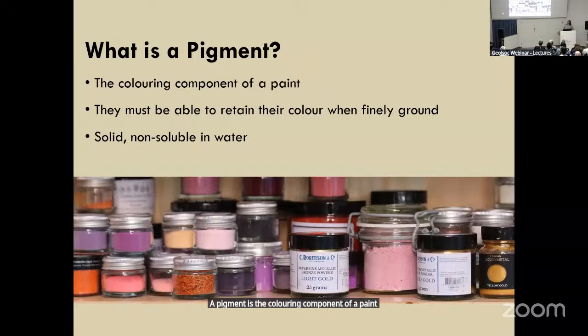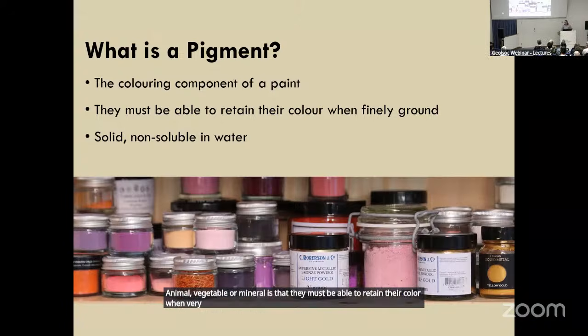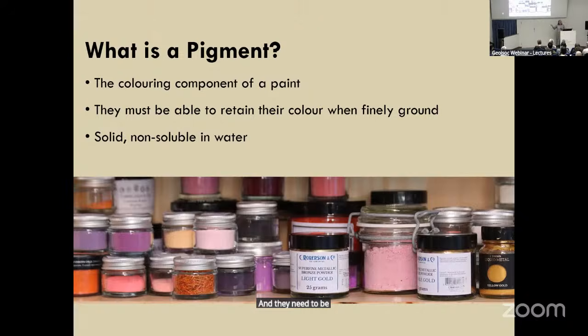And the one property that all pigments must have, whatever their origin, animal, vegetable or mineral, is that they must be able to retain their colour when very finely ground. So these are really fine-grained materials, and they need to be solids and not soluble in water or medium. These are the really important properties, and loads of minerals have this.